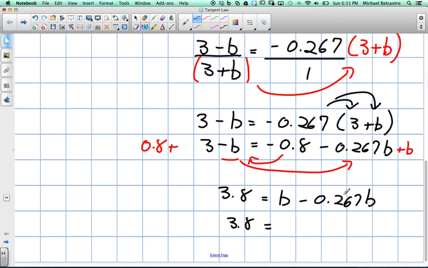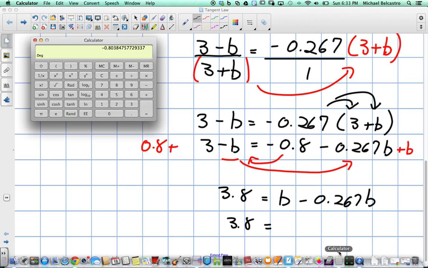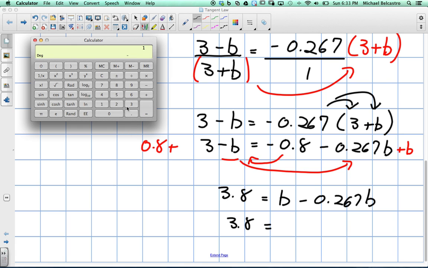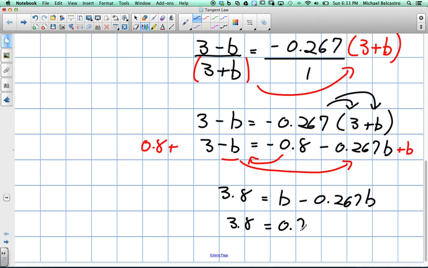3.8 will be equal to, we'll have to figure out 1 subtract that number. So 1 subtract 0.267 equals 0.733, so 0.733b. To isolate for b, we bring this over and divide it on the other side, and that will give us our final b value.